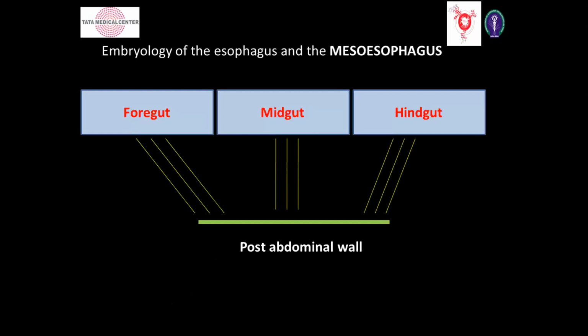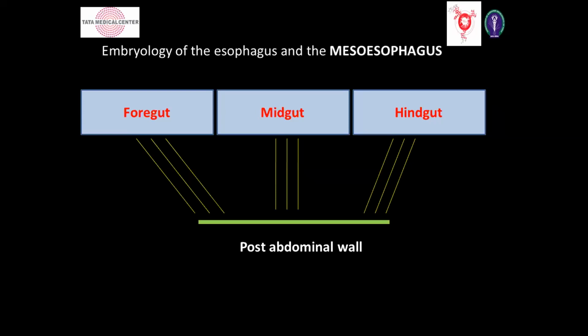But if you look at the embryology of esophageal development, the digestive tube is divided into foregut, midgut, hindgut, and during development these three structures are connected to the posterior abdominal wall with multiple vascular channels.